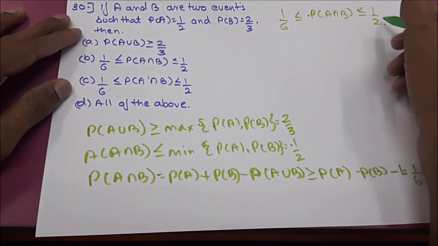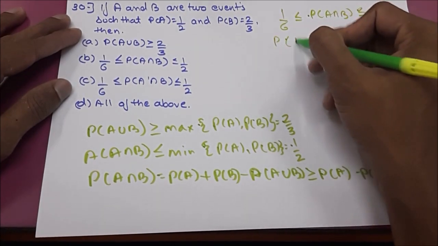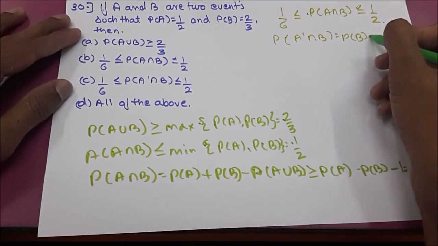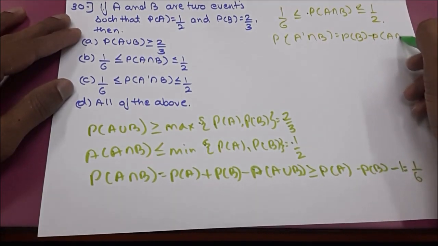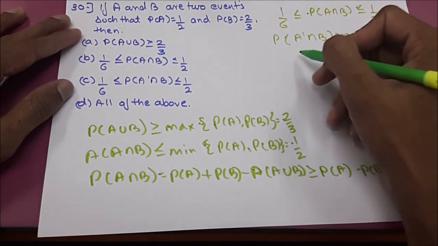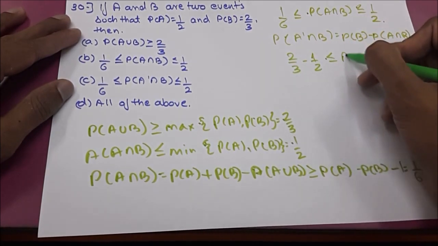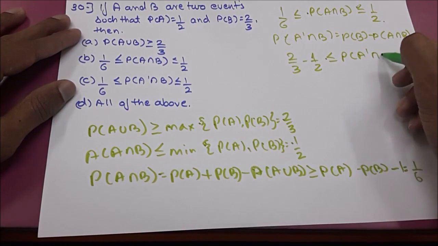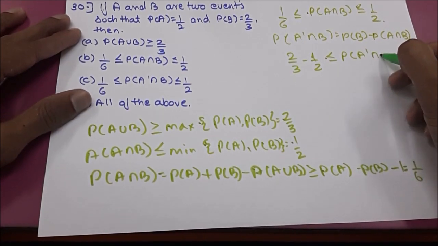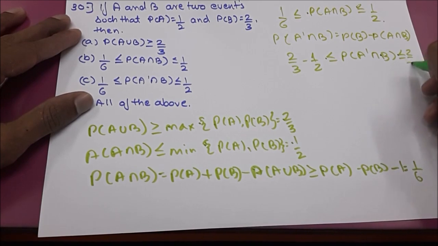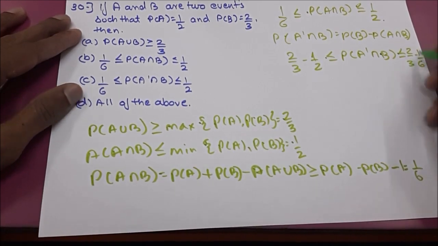So for probability A complement intersection B, it is equal to probability of B minus probability of A intersection B. Hence 2 by 3 minus 1 by 2 less than or equal to probability of A complement intersection B less than or equal to 2 by 3 minus 1 by 6.